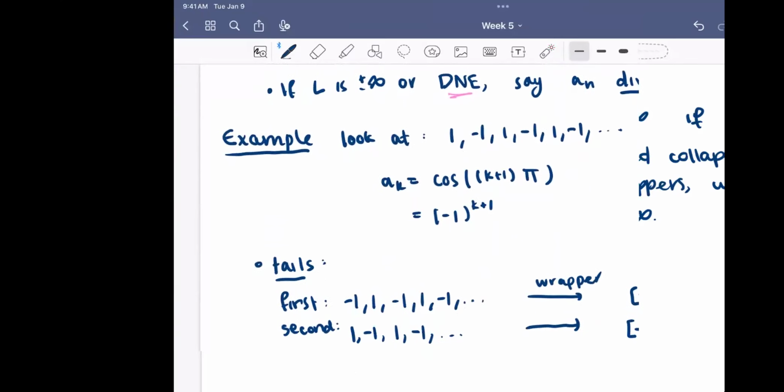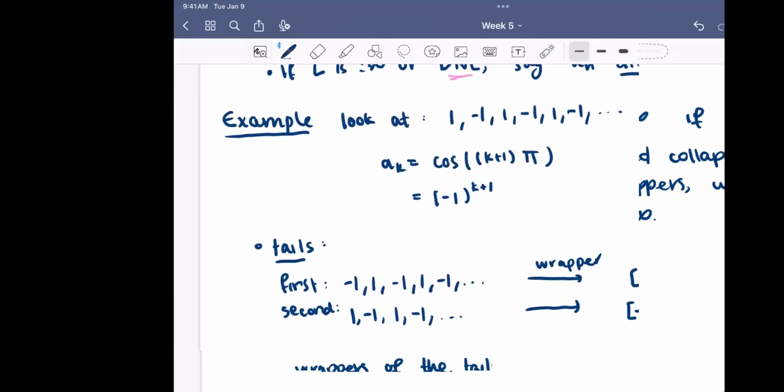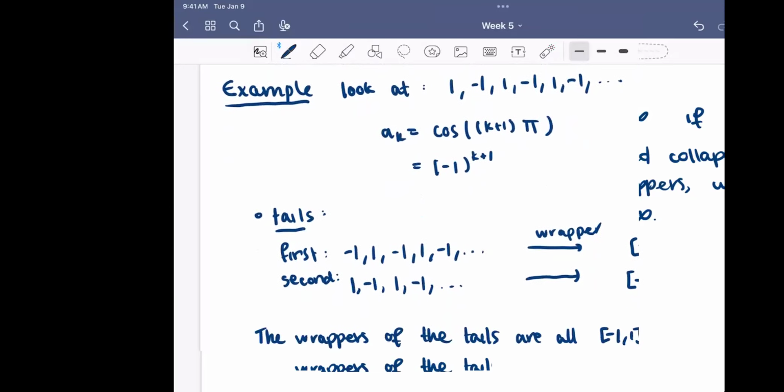So the wrappers of the tails are all [-1, 1], and this is not a collapsing collection. So that means that the limit does not exist.